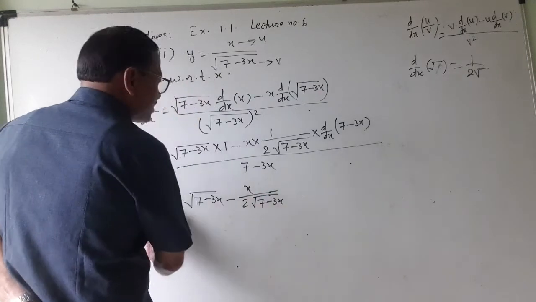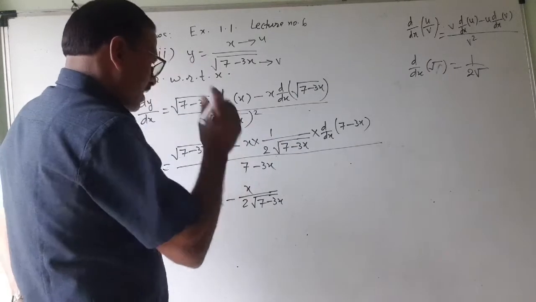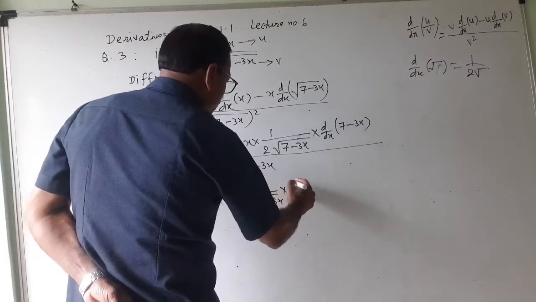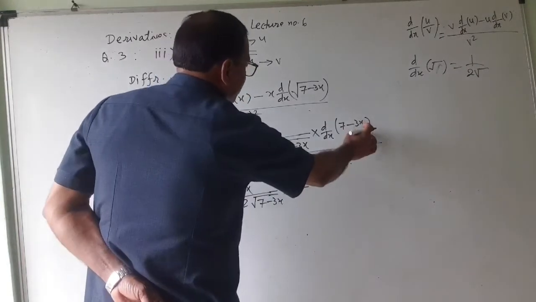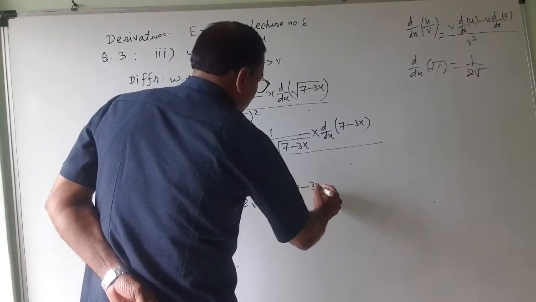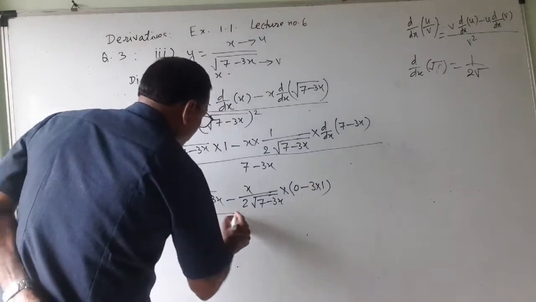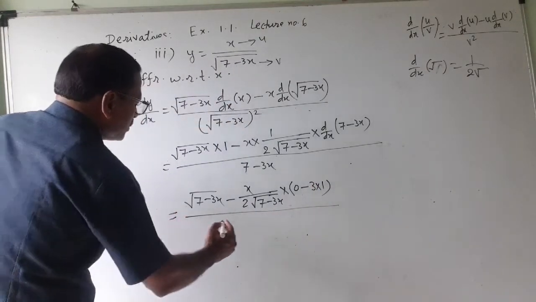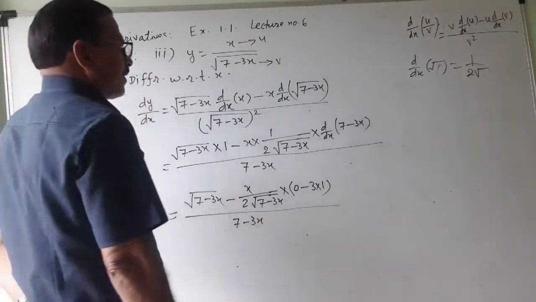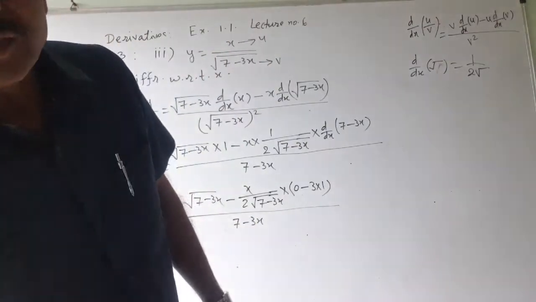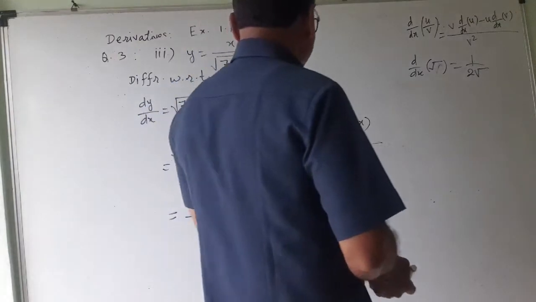First of all, I will simplify this much and then we will go there, into derivative of 7 is 0 minus derivative of 3x is 3 into 1, upon 7 minus 3x. Okay. Now up to this, I think it is all clear to you.